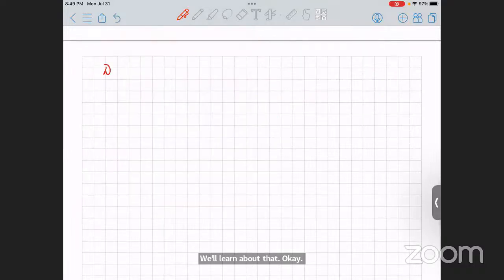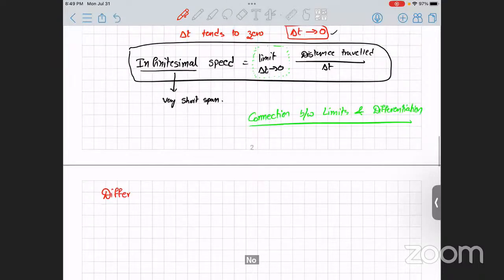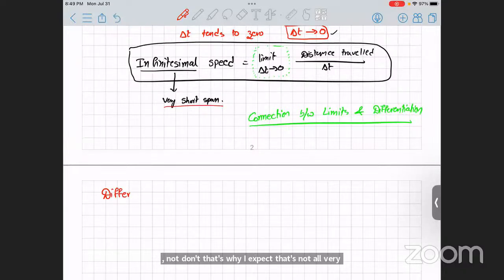Sir, you are talking about very high speed, infinite speed, right? No, that's why I explained, I told you very short span. Infinitesimal means a very, very short span. The better word is instantaneous.